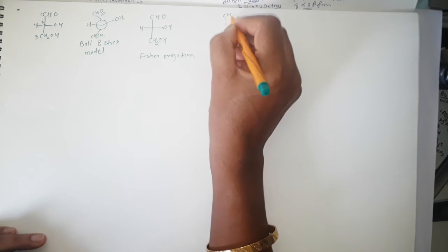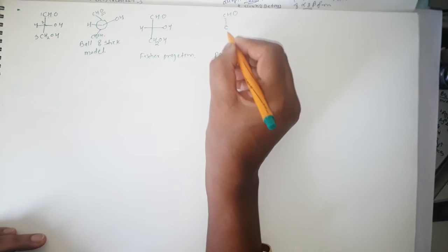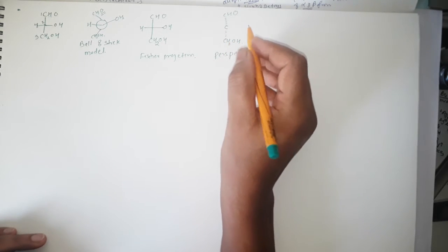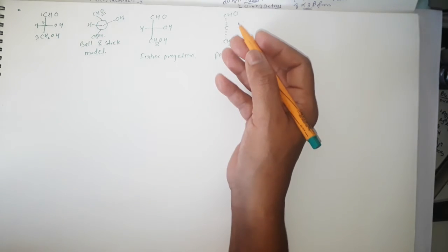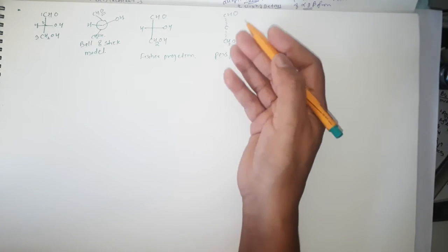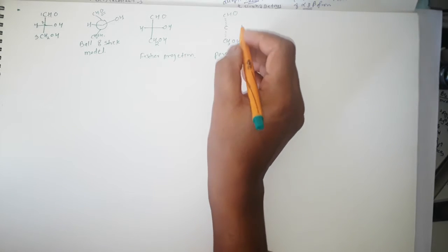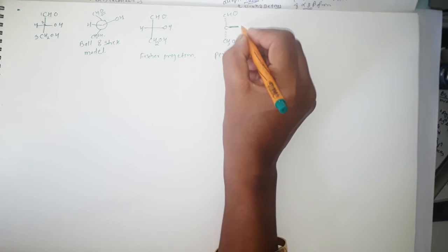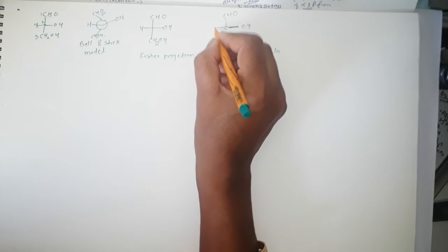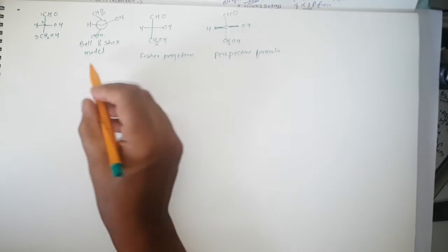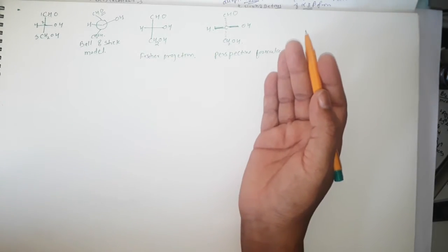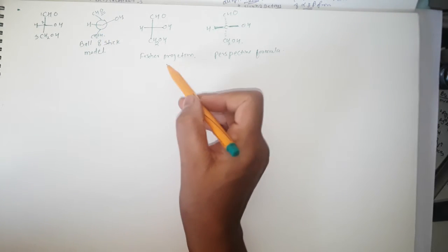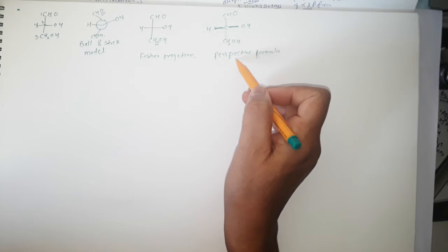So, this is your CHO, this is the central carbon, and this is CH2OH. The groups pointing towards us, above the plane of the paper, we show as solid wedges. So, these are OH and H. These three are the formulas we can use to represent any asymmetric compound: ball and stick model, Fisher projection, and perspective model.